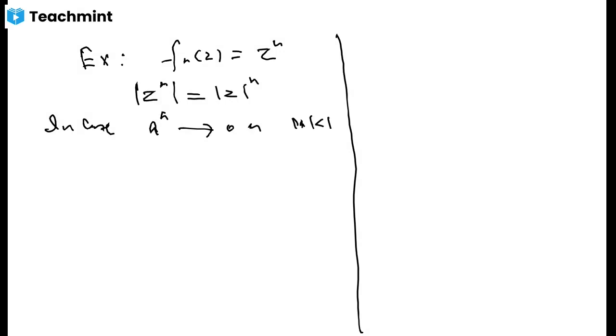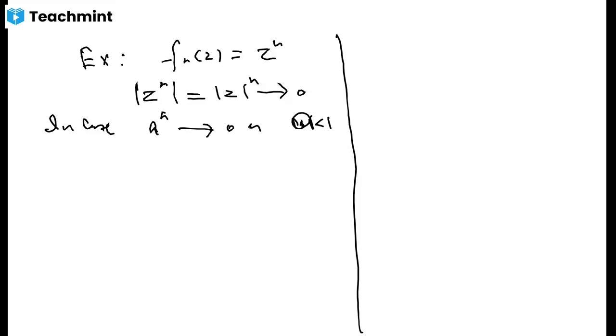So because of this, for each fixed z, this will go to 0. I'm not saying that for every z it is uniformly going to 0. For each fixed z, it's going to 0. Simultaneously, for all z, it will not go to 0. Why will it not go to 0? Because here it is depending upon the point. If you take a particular z, then it goes to 0.